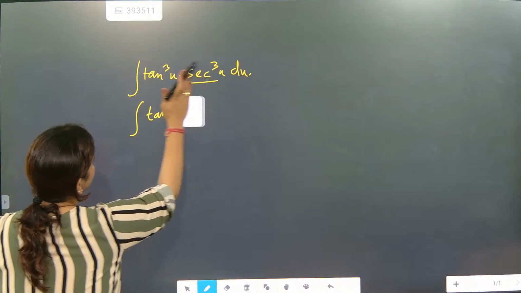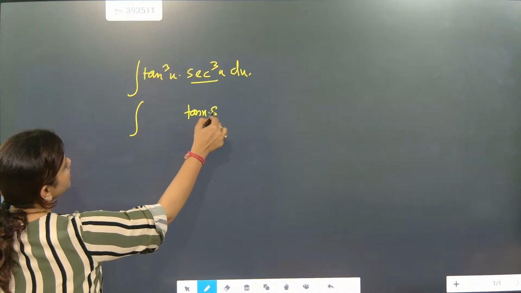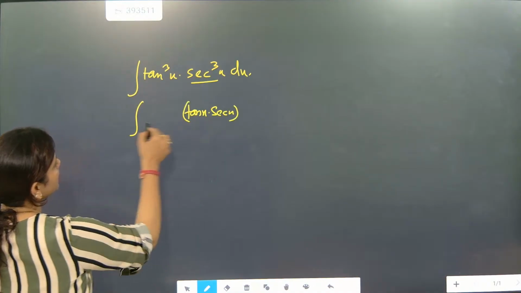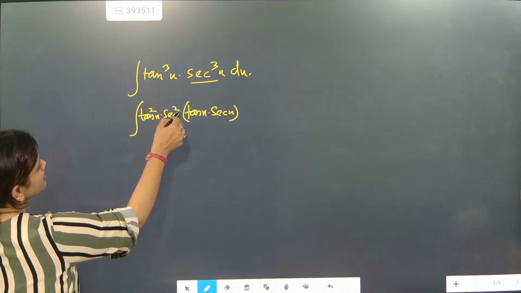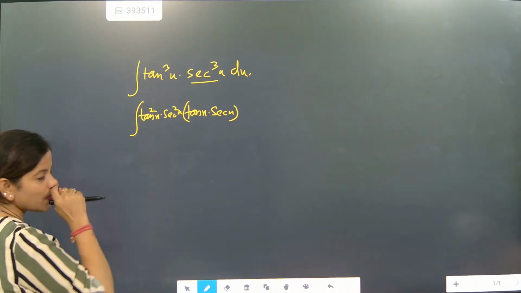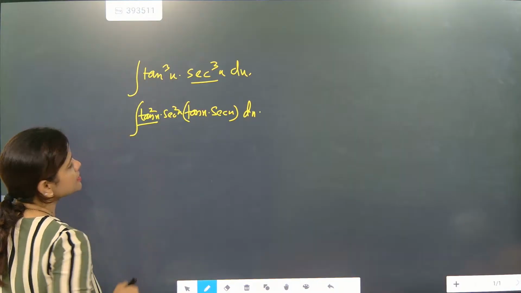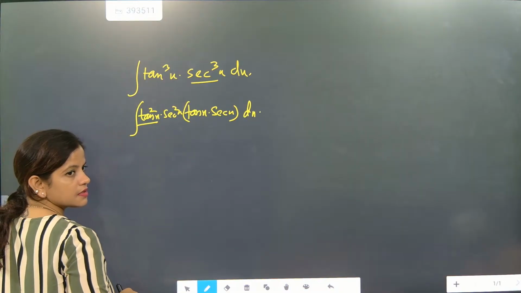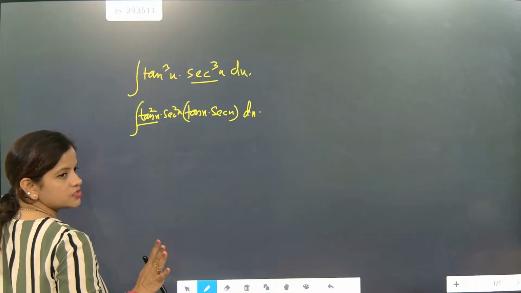So can we take tan and secant one time, tan x into secant x separately? Now what is left is tan square x and secant square x. Okay? Directly we will do one thing. We will take this. Shall we take this one?